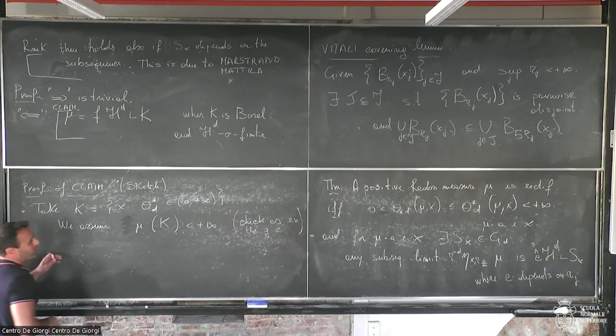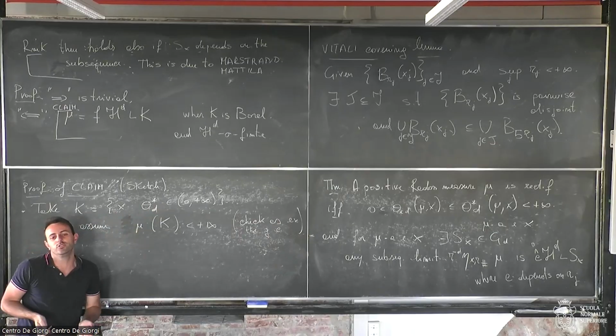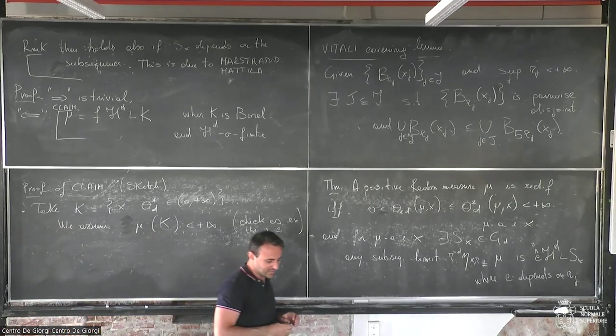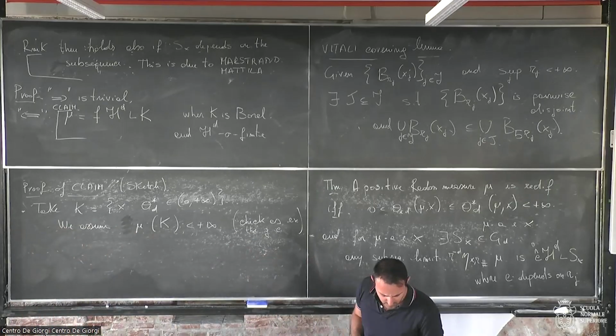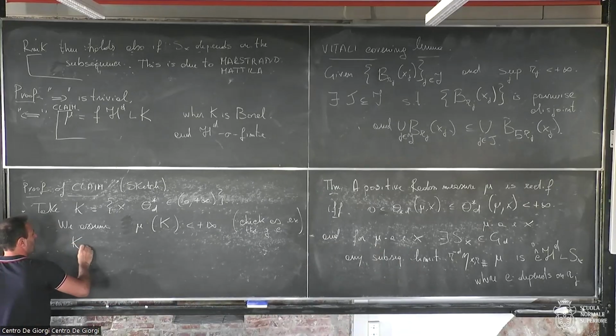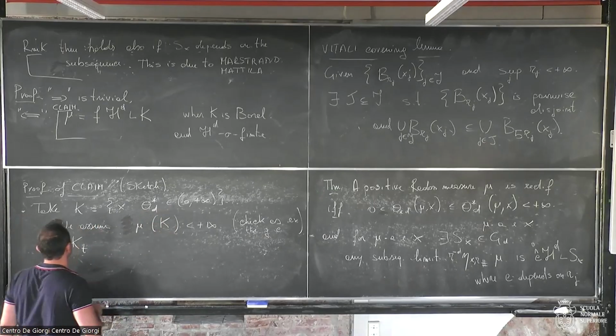Okay, then you want to use this information, but in a slightly better way. So you can approximate K with a slightly more uniform lower bound on the upper density.